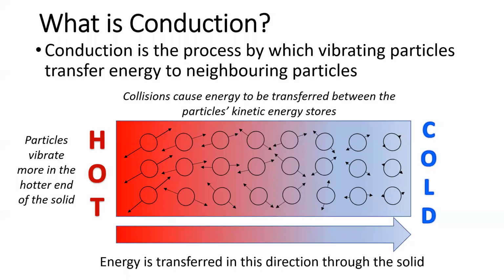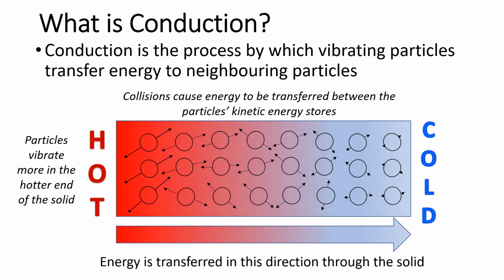So what is conduction? Well, conduction is a process by which vibrating particles transfer energy to neighbouring particles. So my diagram here is representing a solid, and the circles represent the particles of that solid, and the arrows are to show that those particles are all vibrating.